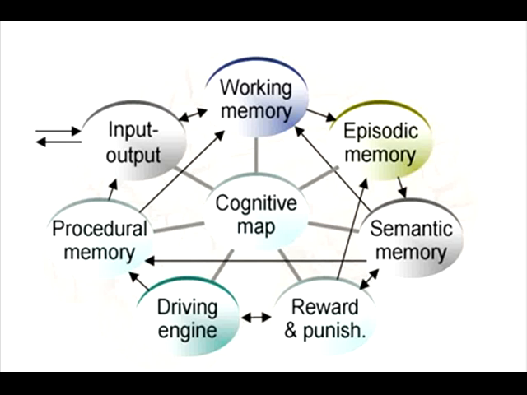Driving, for example, is one example. It requires working memory. I have to know what I've learned about driving in order to be able to drive right now. Driving, like reading, becomes an automatic skill, so that it leaves some capacity, some space for working memory to pay attention to other things.